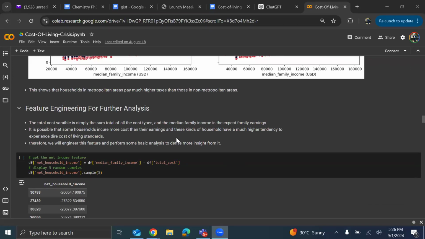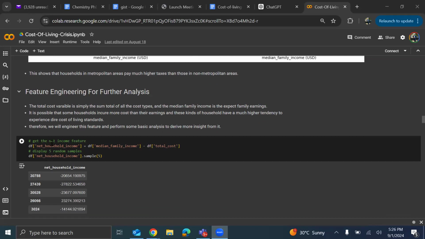Okay, so I was explaining feature engineering. Feature engineering is simply me trying to create a new feature or a new column based on existing columns. So here I'm asking what the net household income is. We have something called total costs, which we established to be the sum total of all the costs, all the expenses.